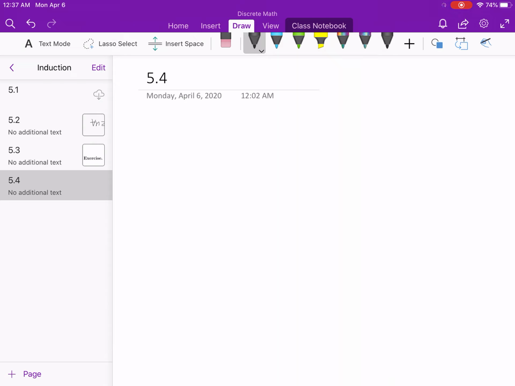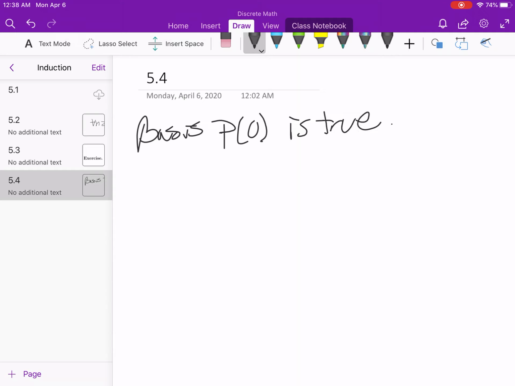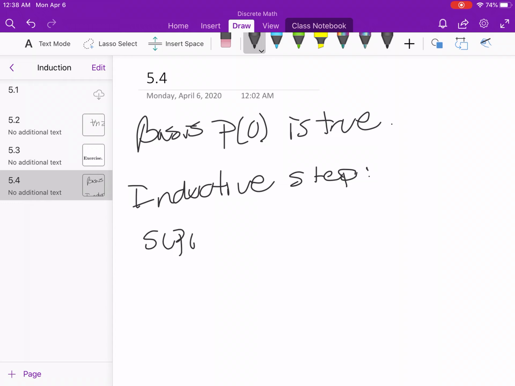Now, in, let's say, the normal induction, we have our basis, right? Which is just to show that P of 0 is true. And then with our induction, with the inductive step, we suppose, well, actually, we have this thing, right?